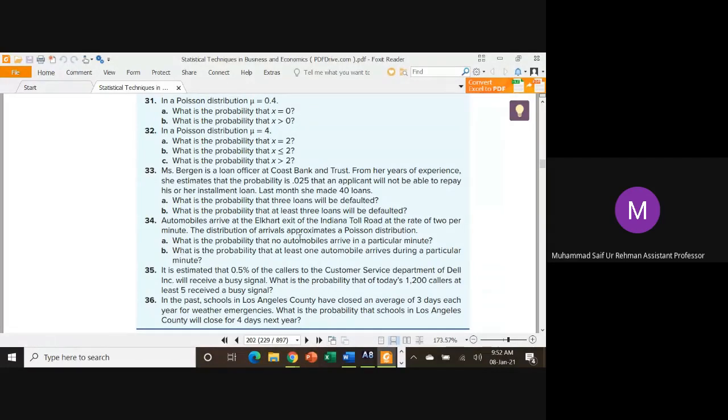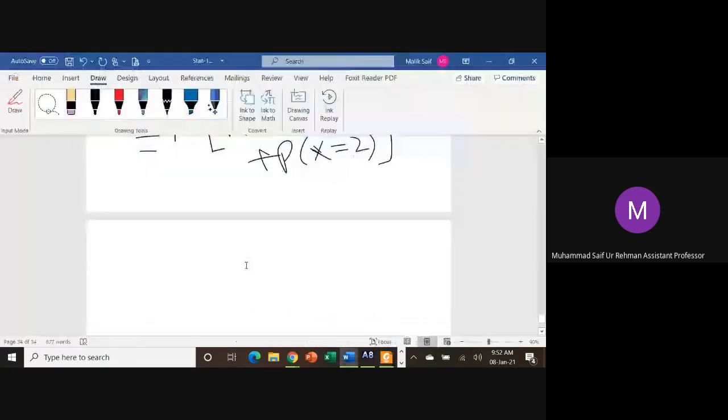So this information is given: mu is 2 per minute, and the distribution type is also given. Now what is required? What is the probability that no automobiles arrive in a particular time? So you will calculate probability of x is equal to 0. Mu is 2. How will you find it out?